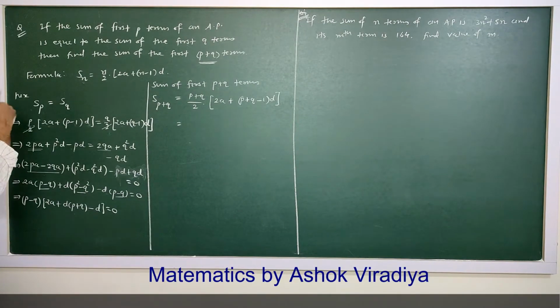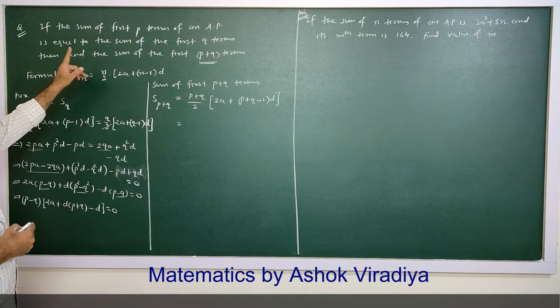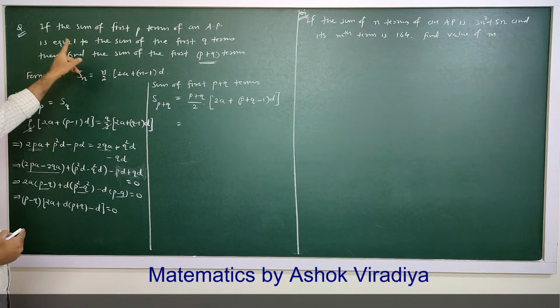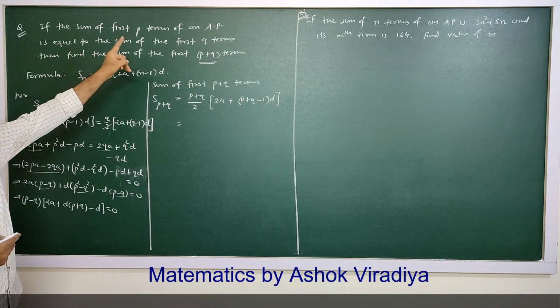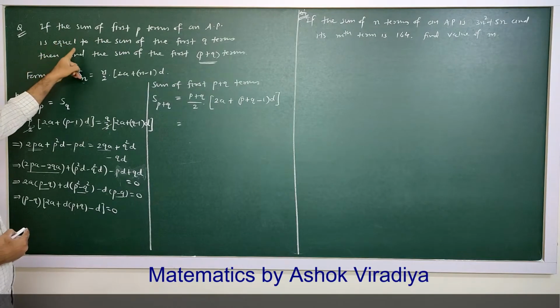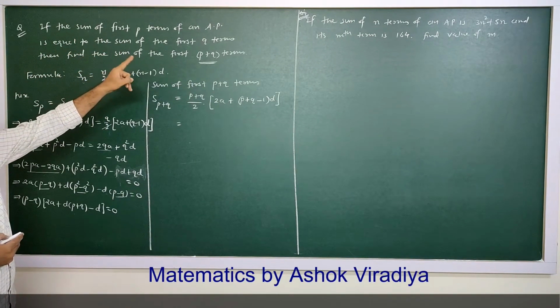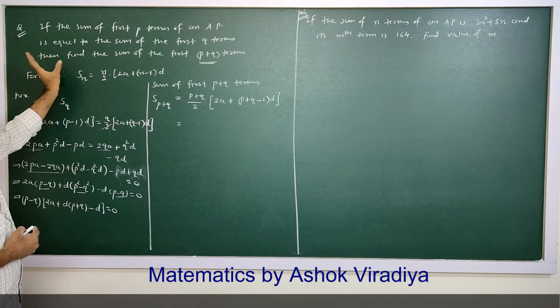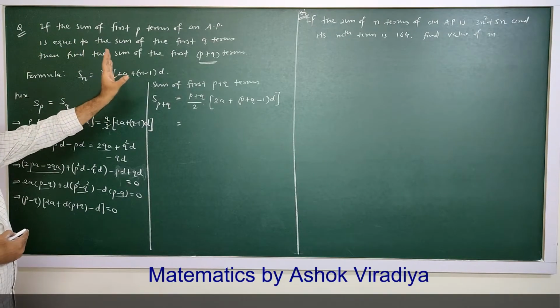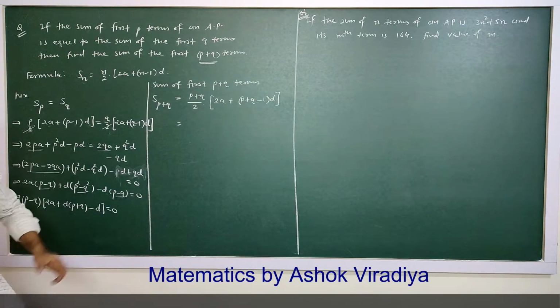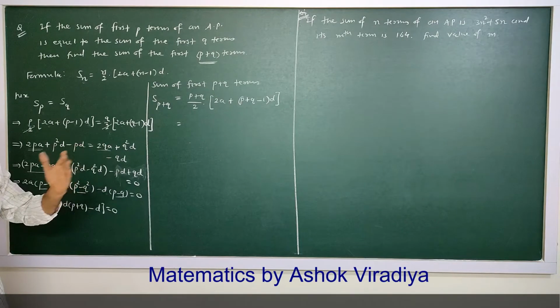Now here p and q are not equal. The sum of first p terms of an arithmetic progression is equal to the sum of first q terms of that arithmetic progression. That means obviously p and q are not equal.